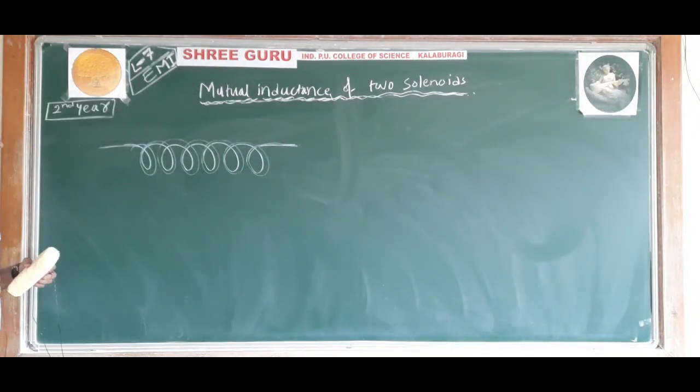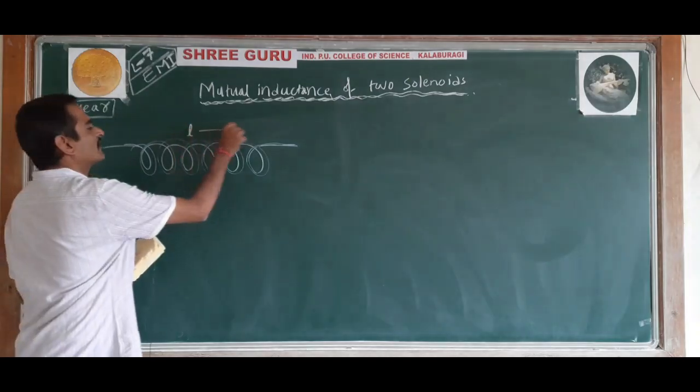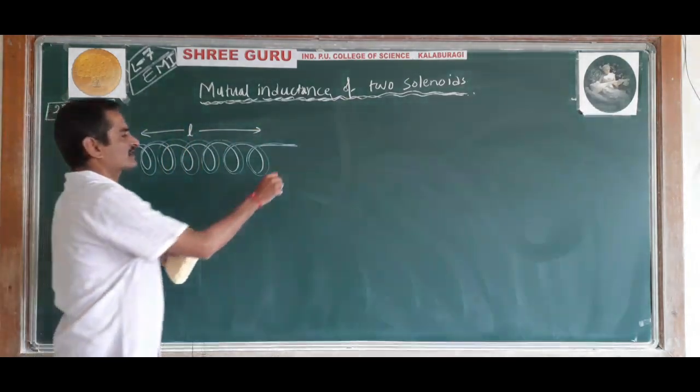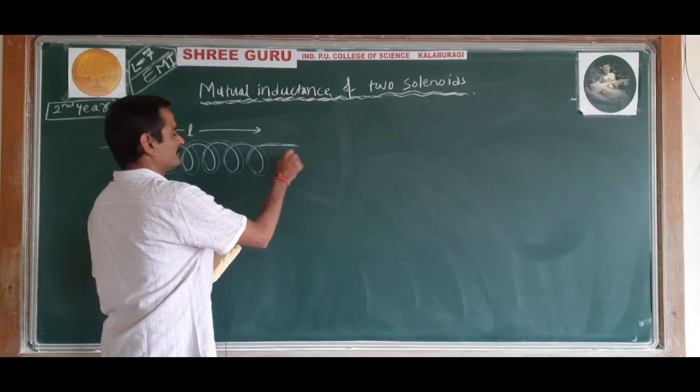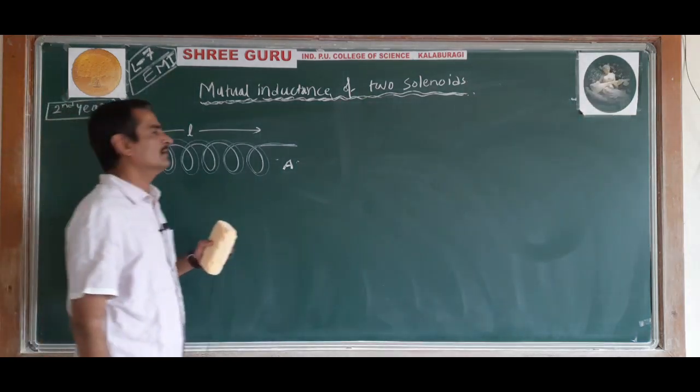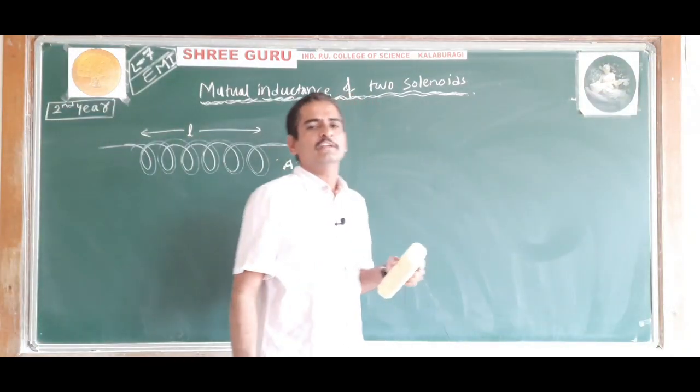Let the length of each solenoid be L and the area of cross section of each be A. The length of each solenoid is the same and the area of cross section is also the same.